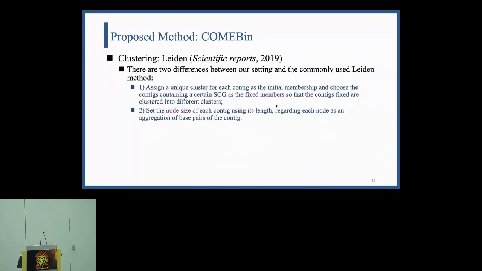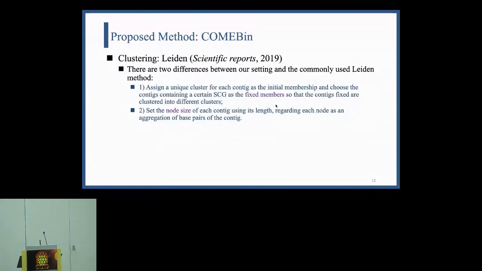After obtaining the representation of the original contigs from the trained network, we use the advanced community detection method Leiden for clustering. There are two differences between our setting and the commonly used Leiden method. First, we assign a unique cluster to each contig as the initial membership, and the designated contigs containing a particular single copy gene are set as fixed members, ensuring that the contigs with the designated single copy gene are clustered into different clusters.